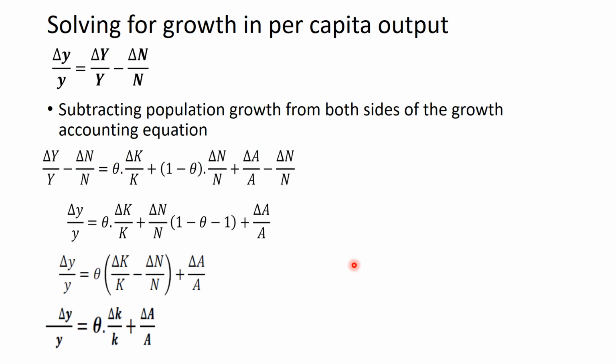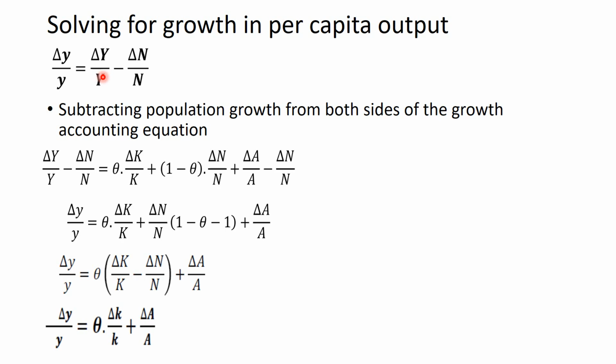Alright. What we now want to do is delve a little bit deeper, because what we know is that per capita output growth depends on the growth in total output less the population growth. But we also know that the growth in total output depends on the capital growth rate, and it depends on the share of capital in total output growth.